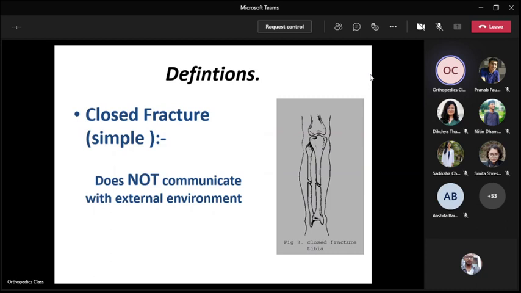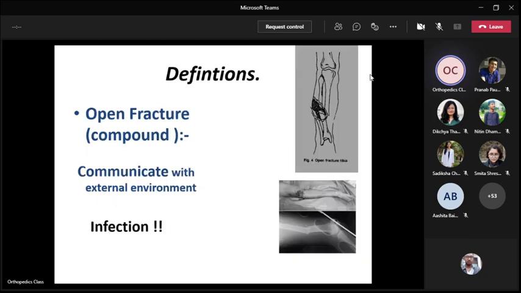When there is no break in the soft tissue surrounding the bone, those fractures are called closed fractures. Whereas a fracture of the bone with soft tissue injury, a wound communicating with the external environment, is called an open fracture.